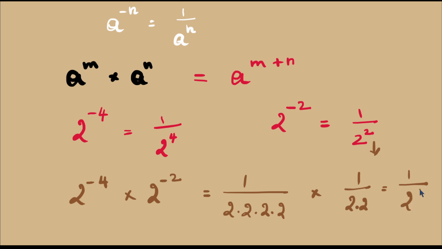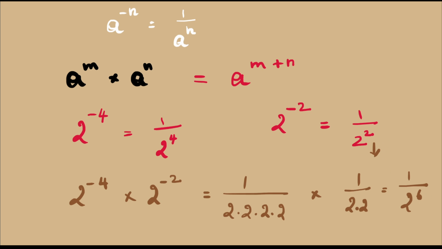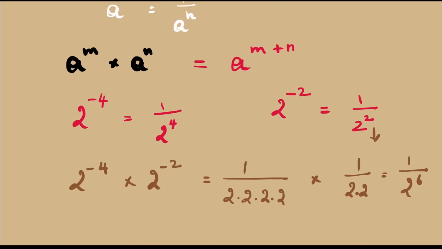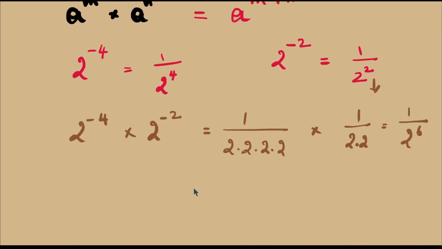So this is equal to 1 by 2 raised to the power 6, or we can conclude that 2 raised to the power minus 4 into 2 raised to the power minus 2 is equal to 2 raised to the power minus 6.